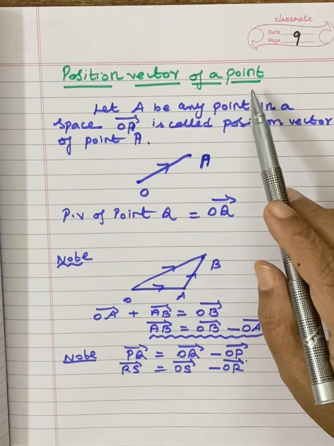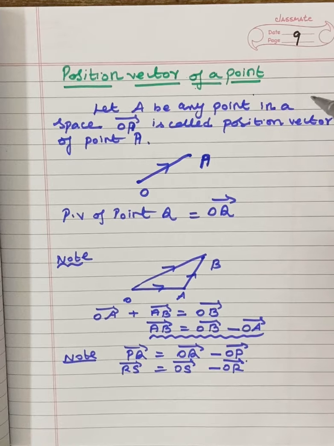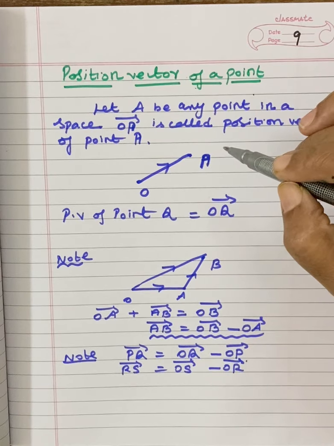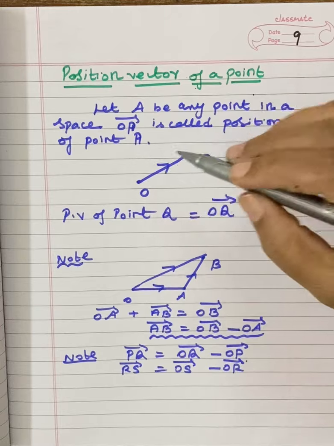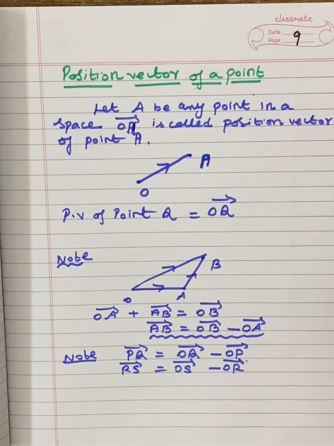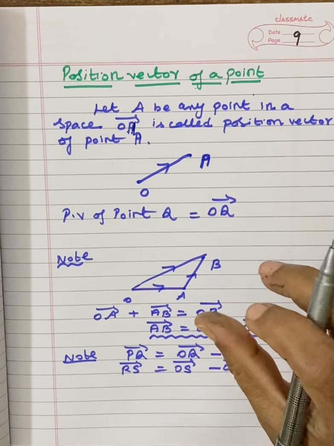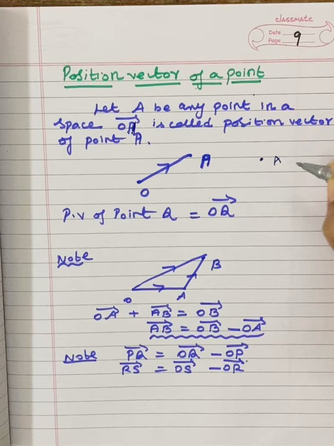Position vector of a point, very important. Only for a particular point we can say position vector. Let A be any point in the space. OA vector is called position vector of a point A. Vector means directed line segment. They have given a point. I want a line.